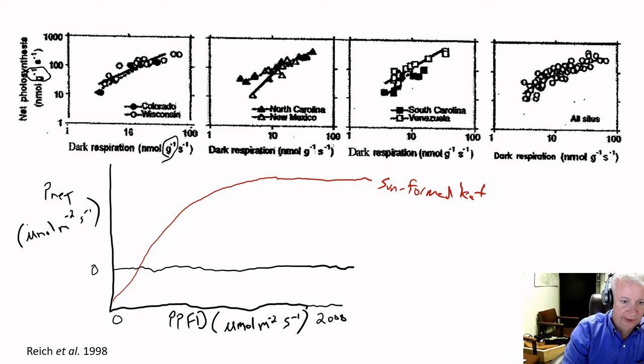And then what color do you want to use? Let's use green. No, that's not colorblind friendly. Let's use blue for a shade-formed leaf. So the shade-formed leaf would have a light response curve that looks something more like this.